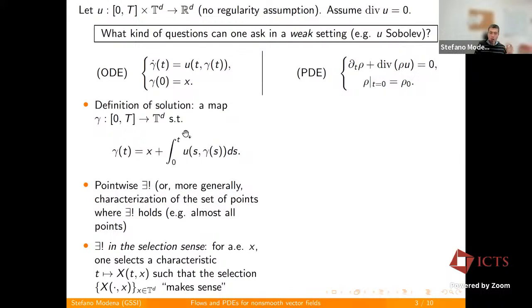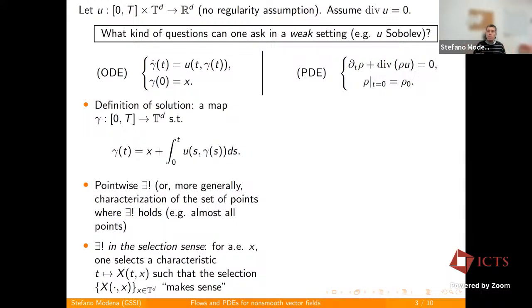We just ask whether for almost every point, we can select one solution. So there is at least one solution, and we can, for almost every point, select one of these solutions in such a way that this family of solutions, which we denote with this notation capital X of t, x, in such a way that this selection of characteristics, this family of solutions that we selected, makes sense.